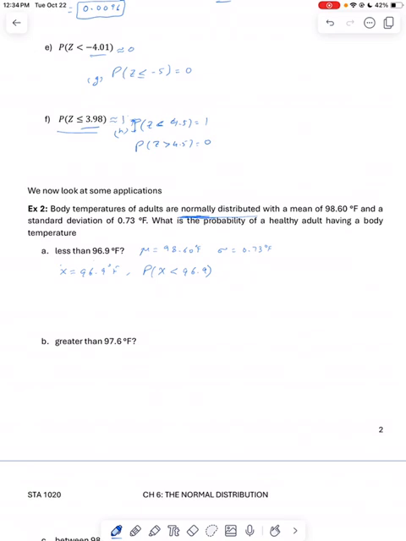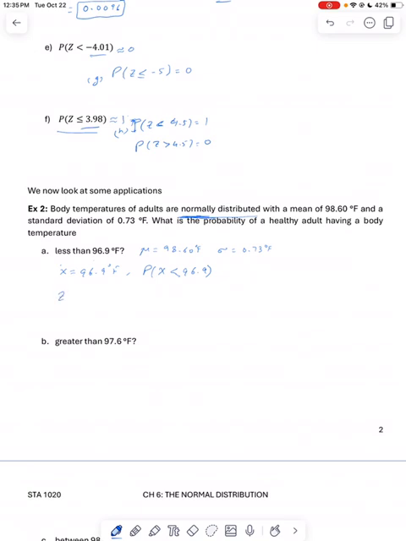So for that, what do I have to do? We cannot compare the x temperatures directly, because they will be on different curves. The easy way to compare them is by using the z-score, and we don't have tables of values for x, so we have to convert x to the z value.